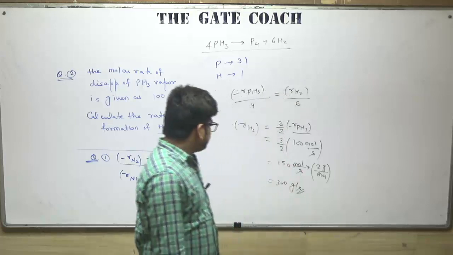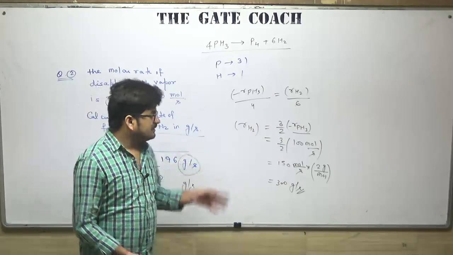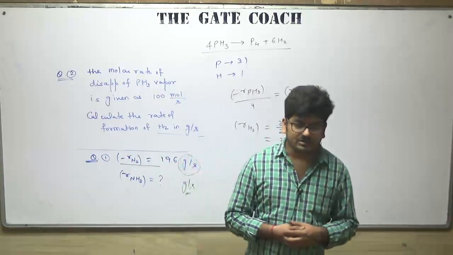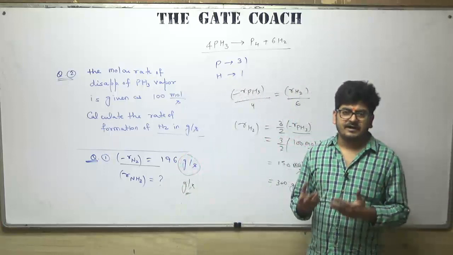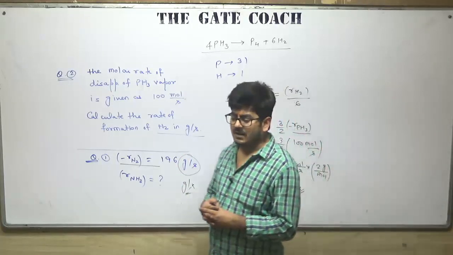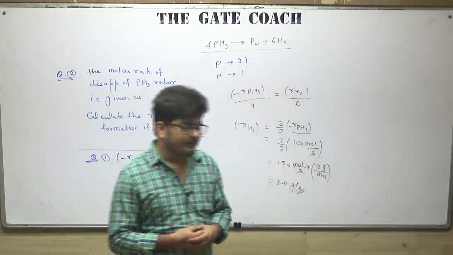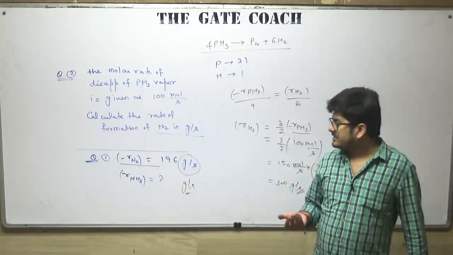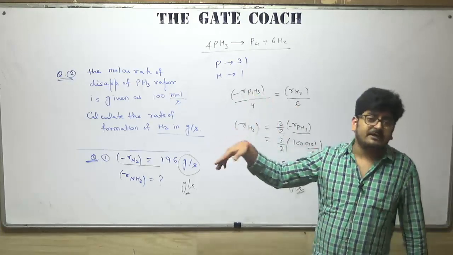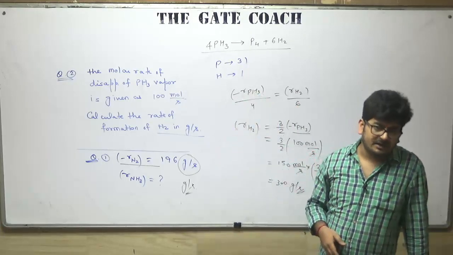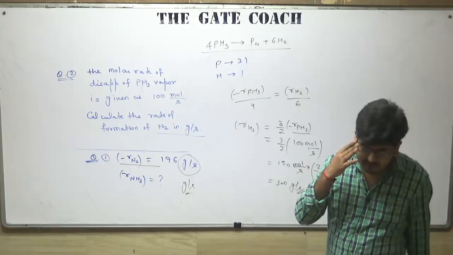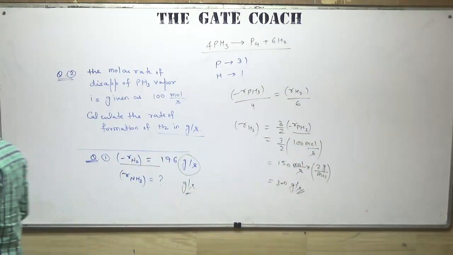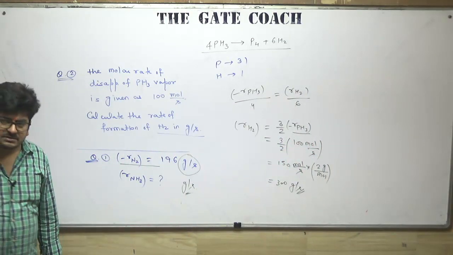So this is something about the relative rates. In the next class we will talk about the factors affecting the rate of reaction. After that, the power law, rate law, what is the rate equation. Then we will also discuss the use of relative rates to identify the rate equations in terms of respective components. We will also discuss the mole balance over chemical reactions.